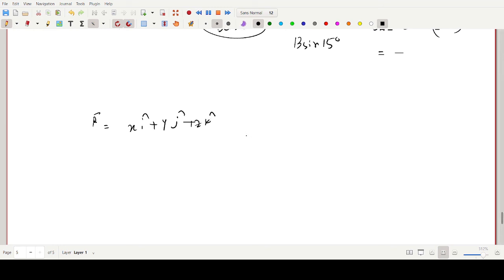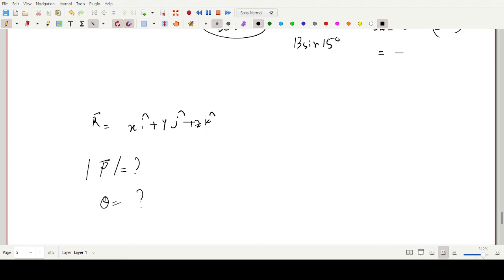If these are the three components, can we find the magnitude of the projection of r onto the xy plane and the angle theta, which is the angle between p and the x-axis?